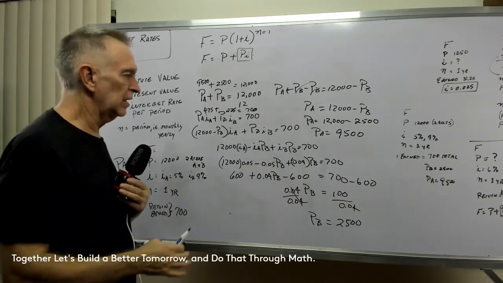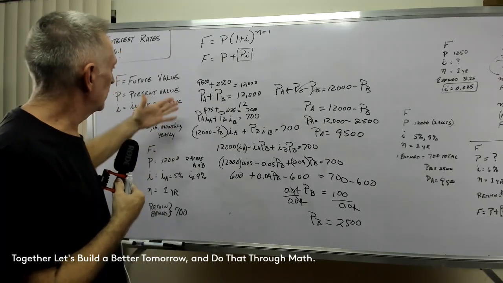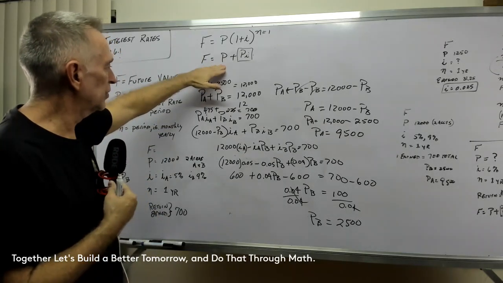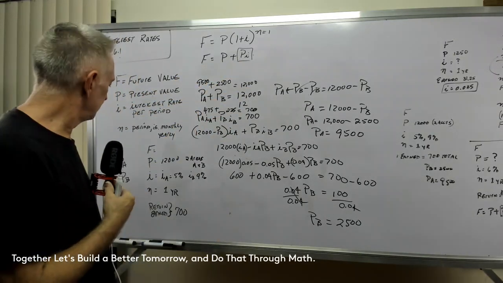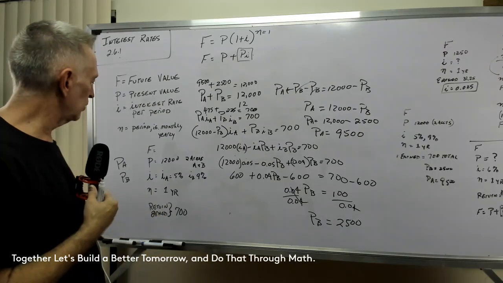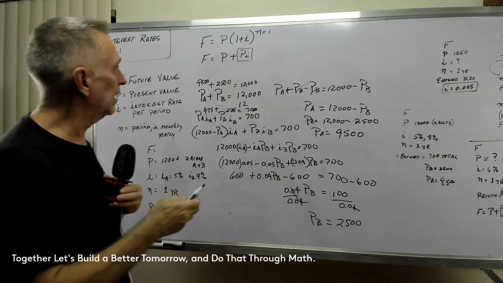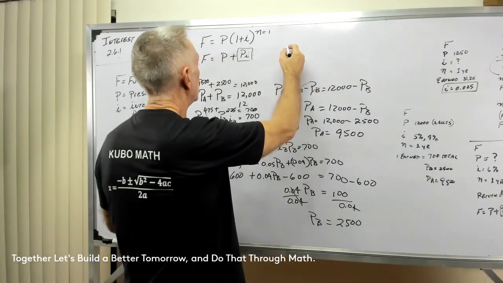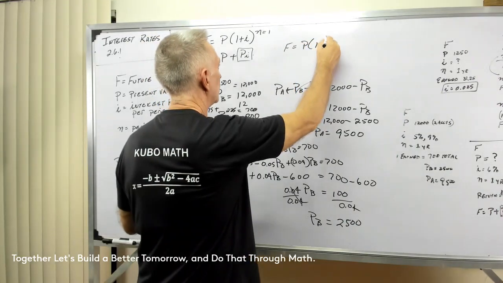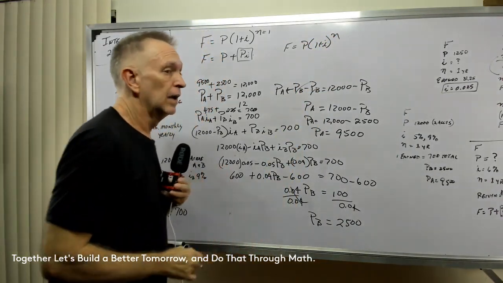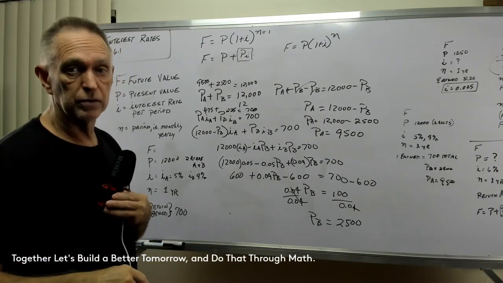This is just a quick overview of interest rates, present value of principals, future values, returns on investment, earned or returns. Now, I don't know if you guys have had natural logs yet, but what if future value is P times 1 plus I to the n? And we want to know I, and we're dealing with n is 20 years.